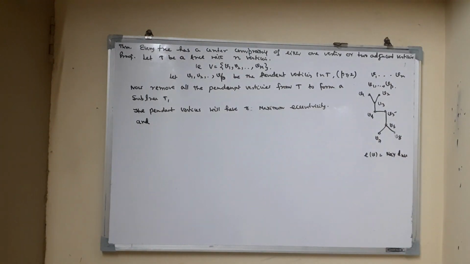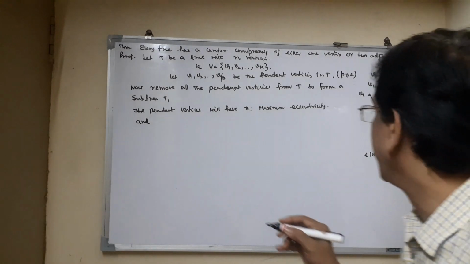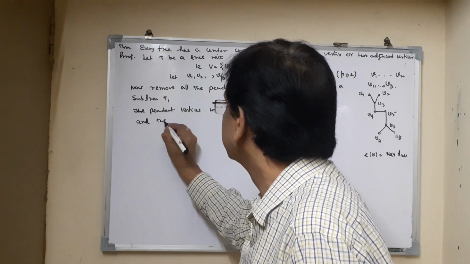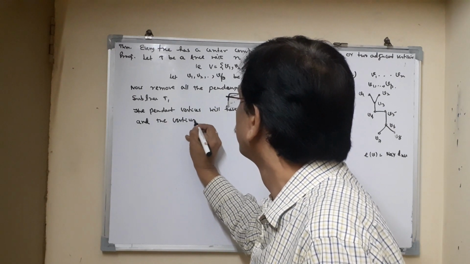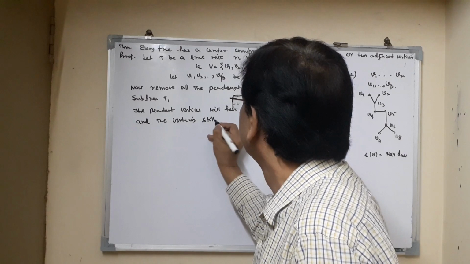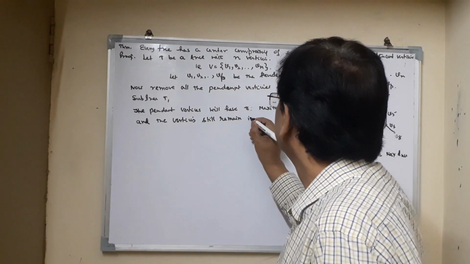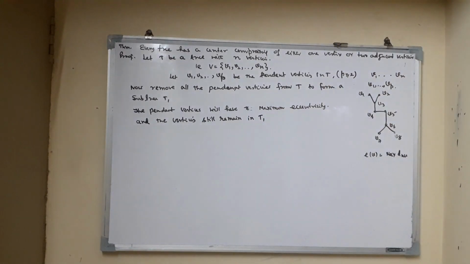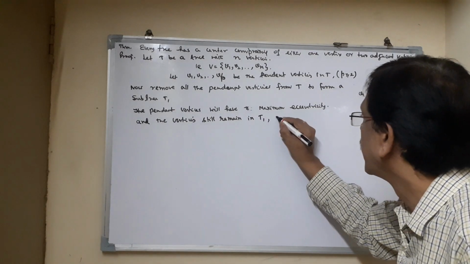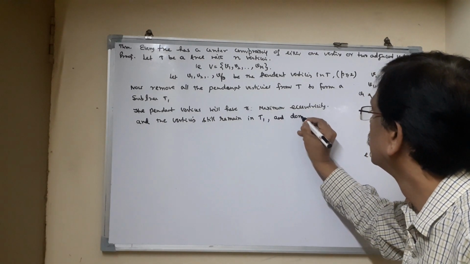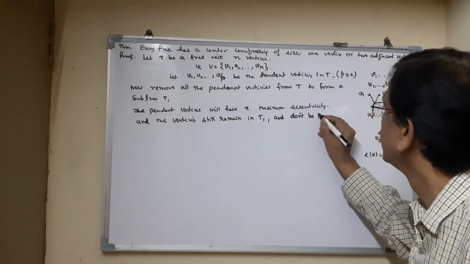A very important point is that the vertices that still remain in T1 are not the pendant vertices, and the pendant vertices don't belong to the center.